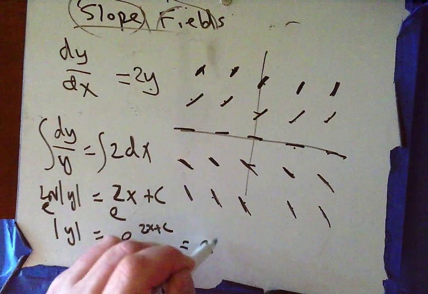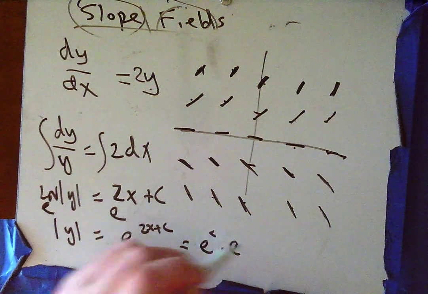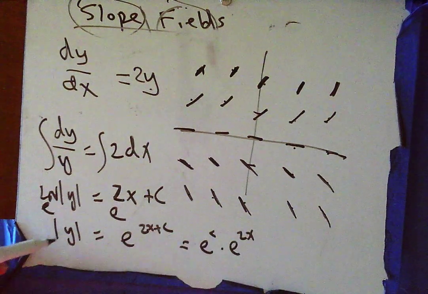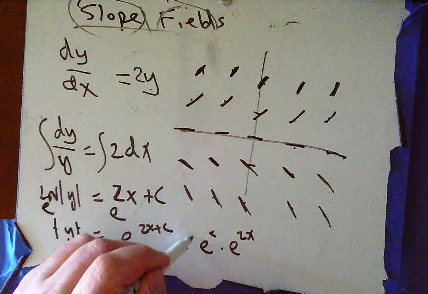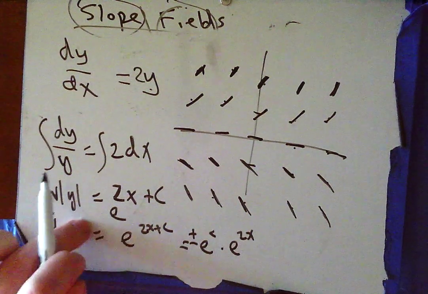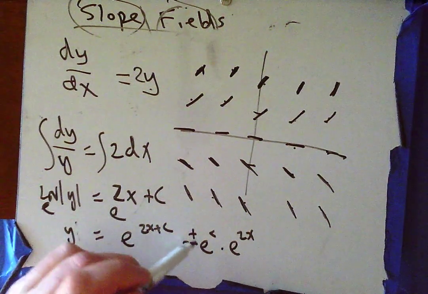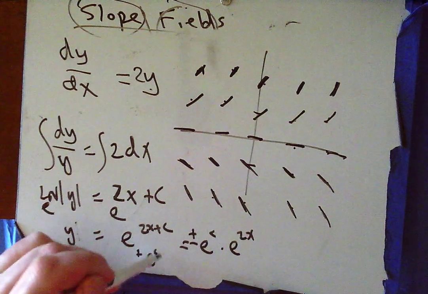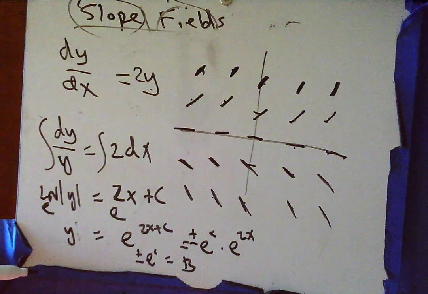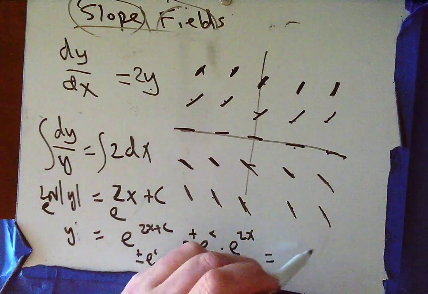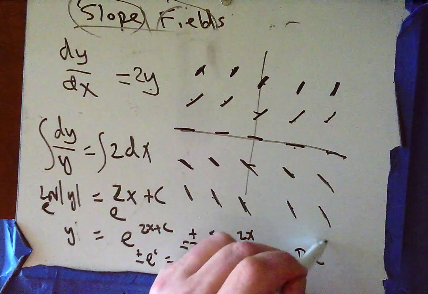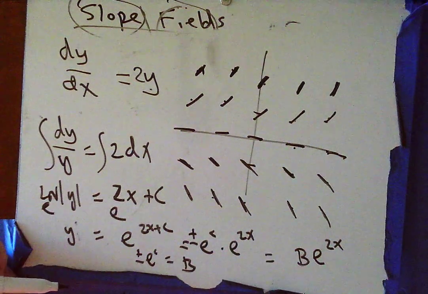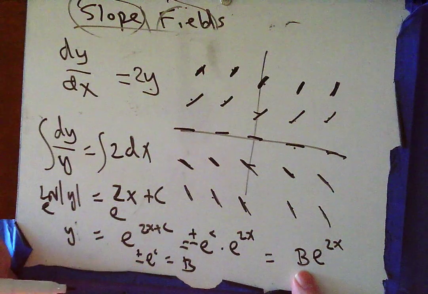We turn that into e to the c times e to the 2x. To get rid of the absolute values, we shoved a plus or minus there. And then we said, okay, let's have plus and minus e to the c be something innocuous like b. And so we ended up with b times e to the 2x. And this is our constant.